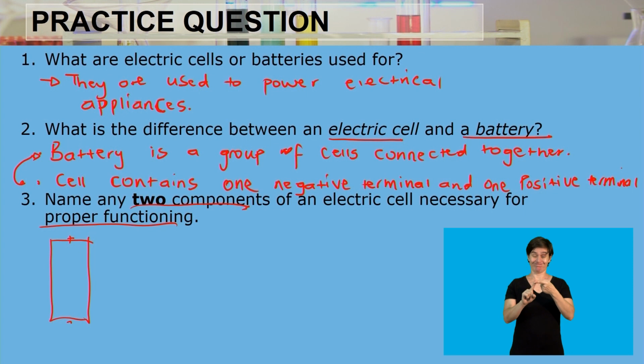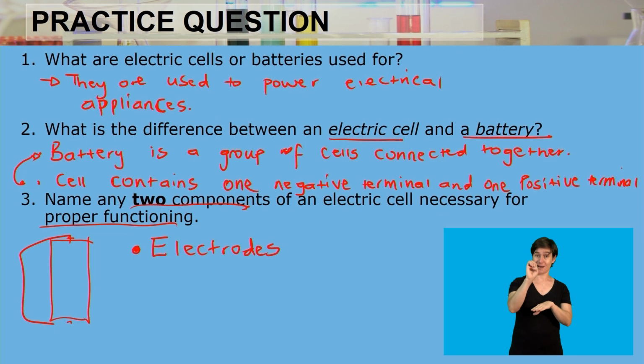Number one, it needs these two terminals. Remember, we are not referring to them as the negative terminal and the positive terminal. We are referring to them as electrodes. So it needs electrodes, being your negative electrode and your positive electrode.